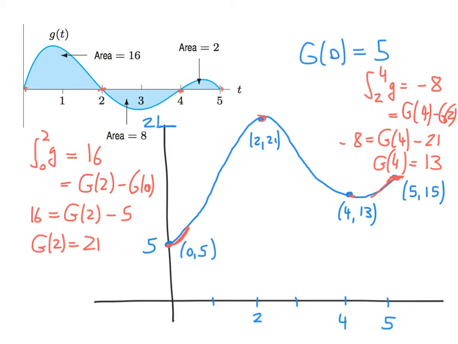I hope this technique works for you: you translate area, you write down the area as a definite integral, and you have to pay attention to whether it's positive or negative area. Then you use the fundamental theorem of calculus to equate these to a total change of the function that you're looking for, namely the antiderivative.